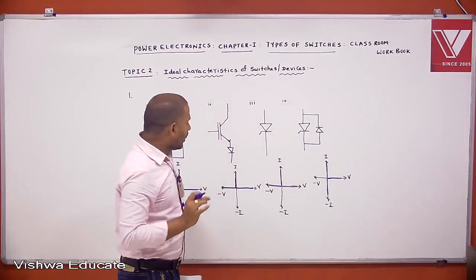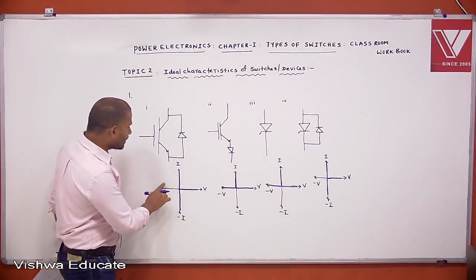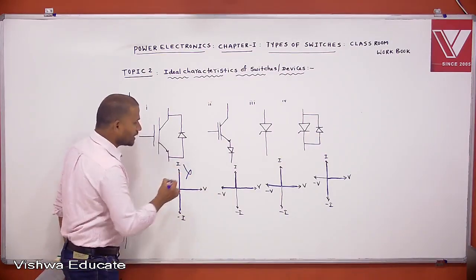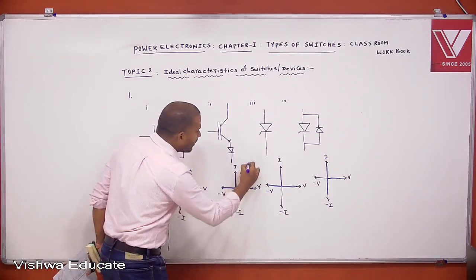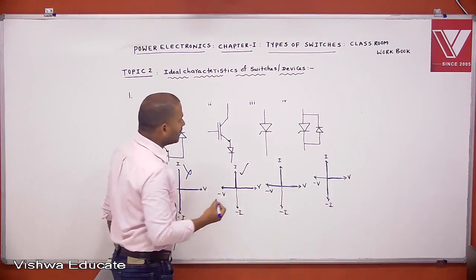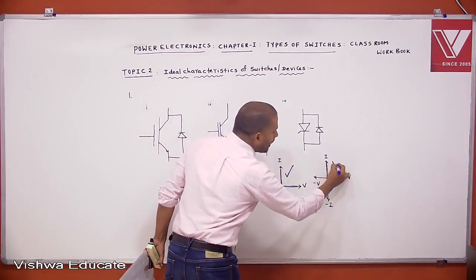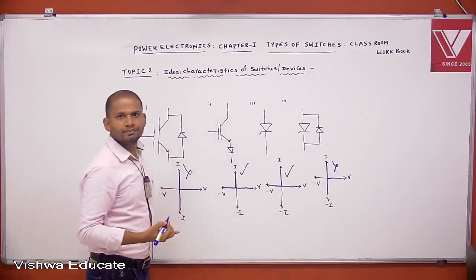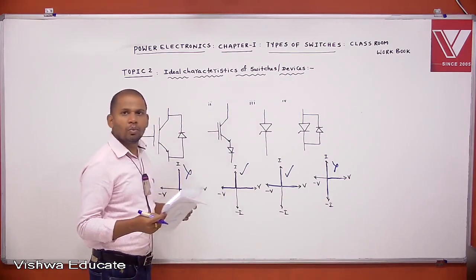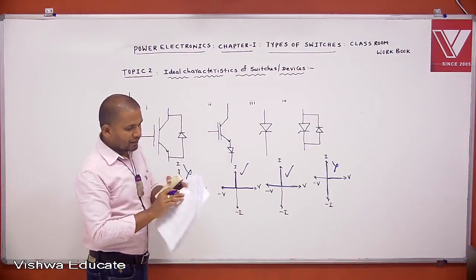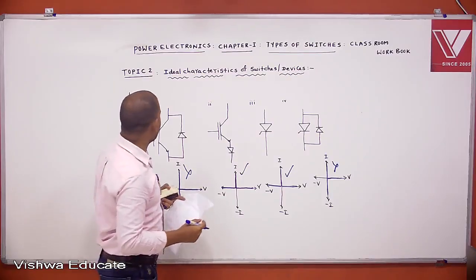Now, which devices block both the polarity of supply? This blocks only one polarity, so it is not the answer. This blocks both the polarity, and this also blocks both the polarity, but this one blocks only one polarity. Then what is the answer? 2 and 3 block both the polarity of supply. In the given options, option C is the correct answer.